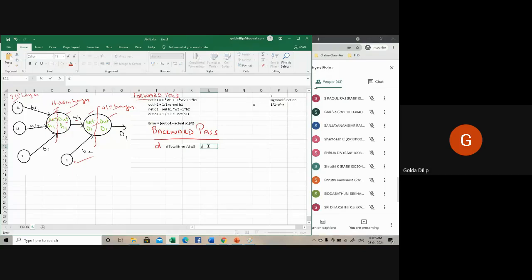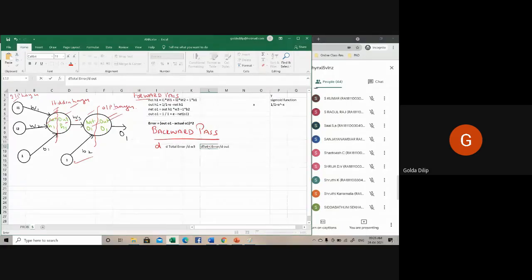So this will be equal to D total error with respect to partial differentiation of out O1. I'm going from the back, starting from the left hand side. It's back propagation.